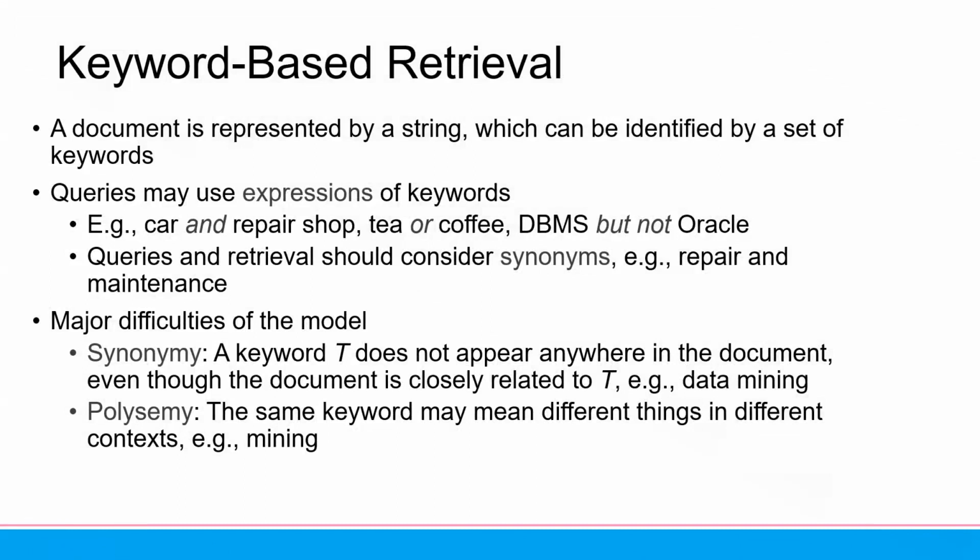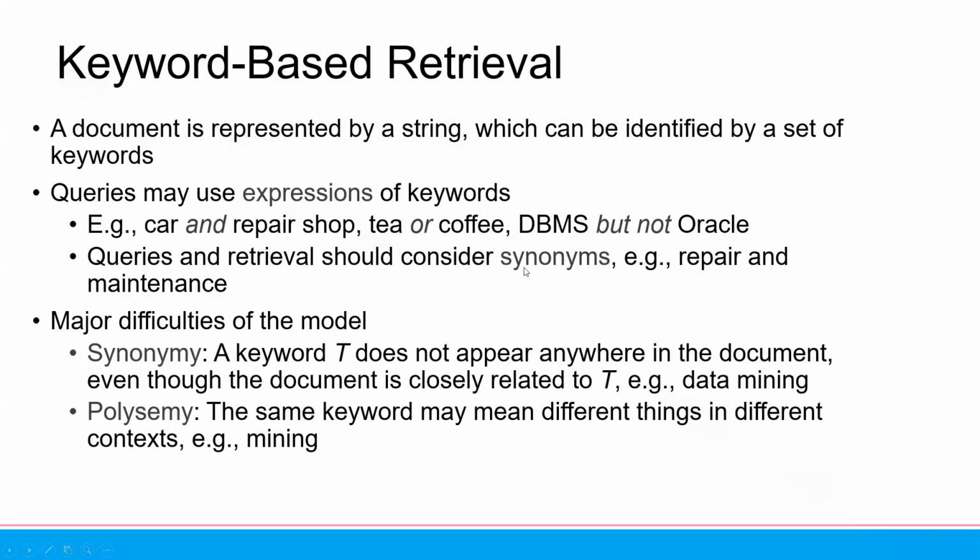The queries may use expressions of the keywords. For example, I want to check car and repair shop. Or I want to check tea or coffee. Or I want to check DBMS but not Oracle.